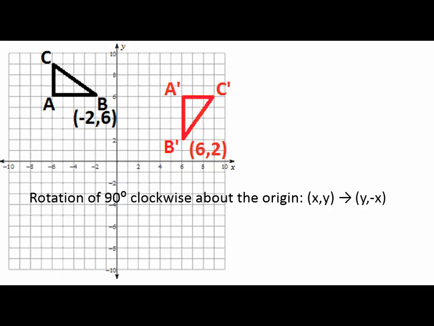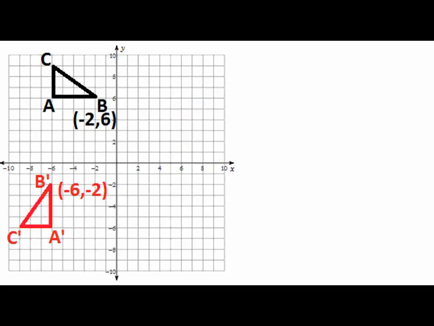About. What it means, about, is that's the point we hold. So, once again, clockwise, I'm going to abbreviate it as CW. Counterclockwise, I'm going to abbreviate it as CCW. Counterclockwise. Alright, so the other one we're going to see is 90 degrees counterclockwise.